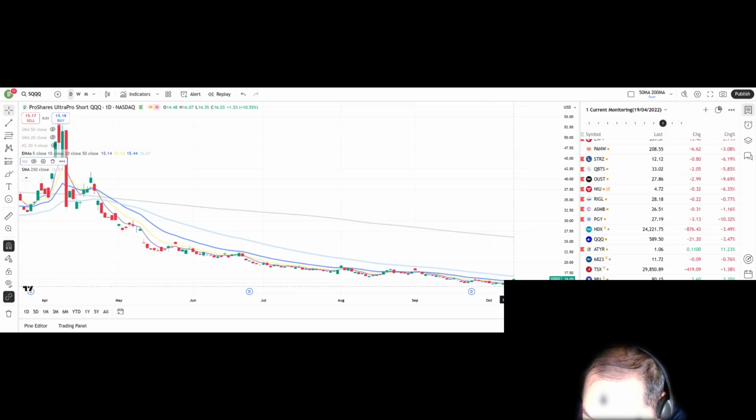I'll put it around $14. If it closes below $14, I'll cut loss. If today it closes at a big new high and then closes above, and the SQQQ closes below $14, I'll cut loss.